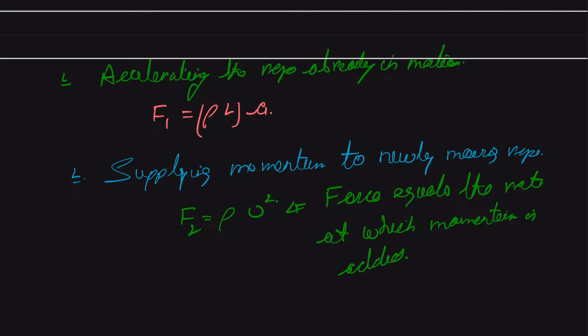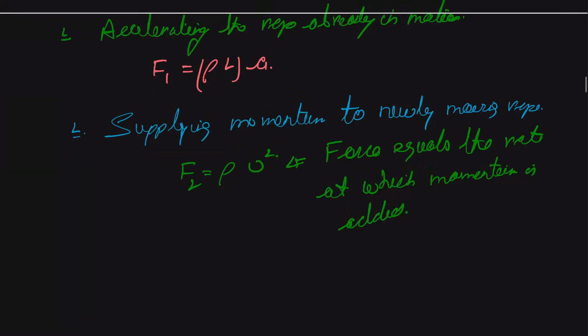But we know that v square is nothing but a times L. So we can say that F2 will be equal to rho a times L.